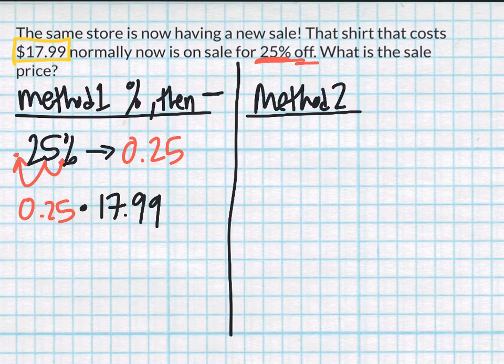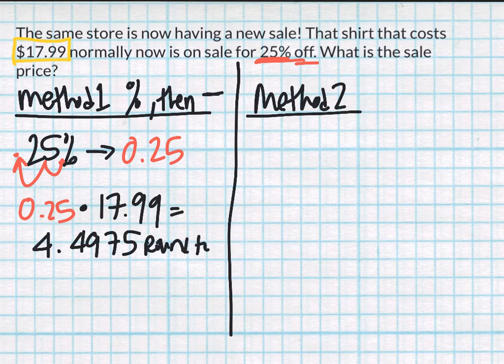So 0.25 times $17.99 should give you 4.4975. So this will round up to 4.50.